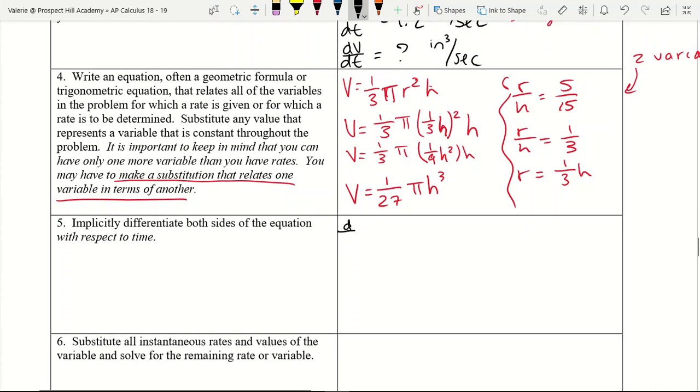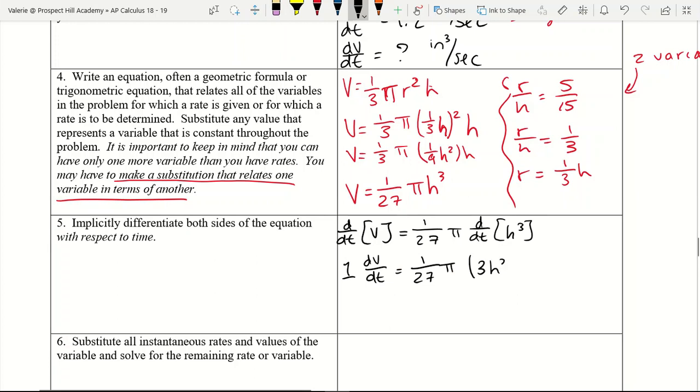So I want d/dt of V equals, and then 1/27 pi is a coefficient, so I'll bring that up front. And I want d/dt of h cubed. So I'll have dV/dt equals 1/27 pi times 3h squared dh/dt.